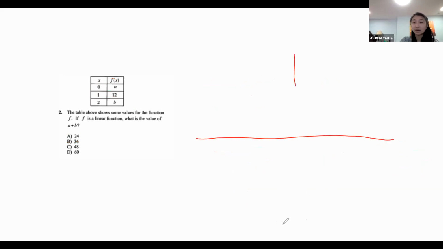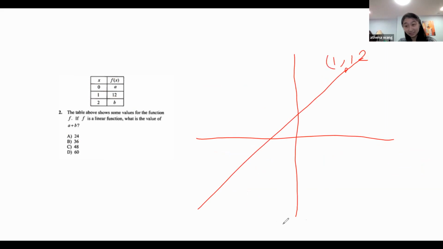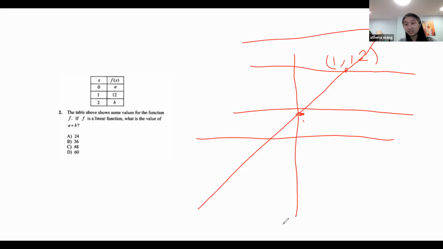Another way that you could see this is if you draw a graph. So if we have a line, we know that this slope is constant. Let's just say that it goes through (1, 12). This is not a very accurate graph. But if we have a point over here at 0, and if we have a point over here at 2, where this is the x-coordinate, this is the y-coordinate, we have that the average of these two for the y-coordinate is going to be 12.